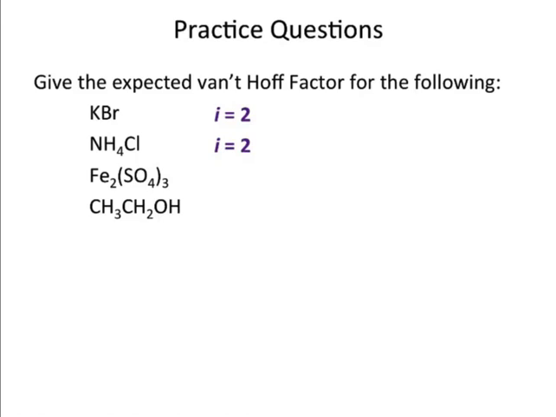Now the iron sulfate, you're going to have a lot of particles here, right? So iron is 1 unit, and that's iron 3+. The sulfate is another unit, that's SO4 2-, and you're going to have 2 irons, you're going to have 3 sulfates, for a total of 5 for what you would expect. And then I'll leave this as the pre-quiz question. What is the expected van 't Hoff factor for ethanol?